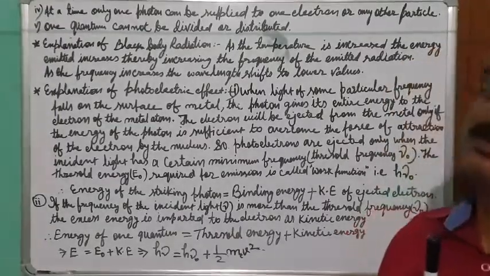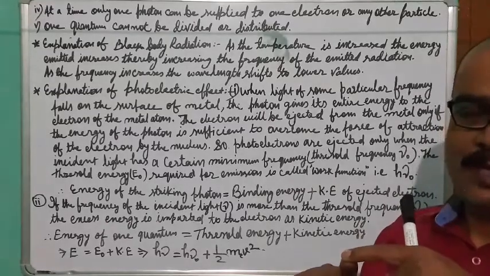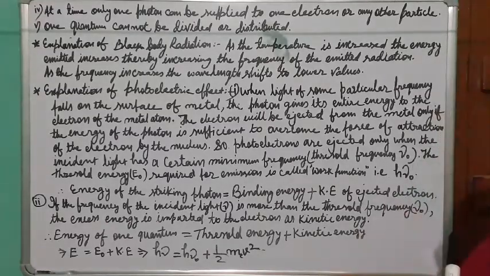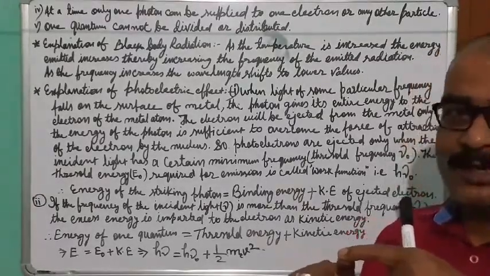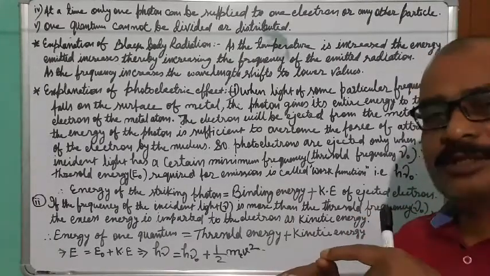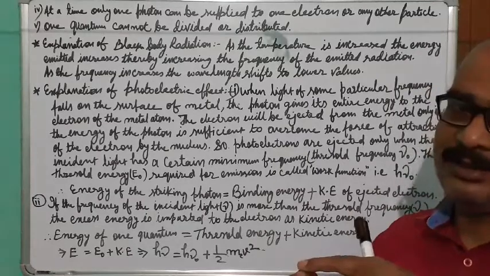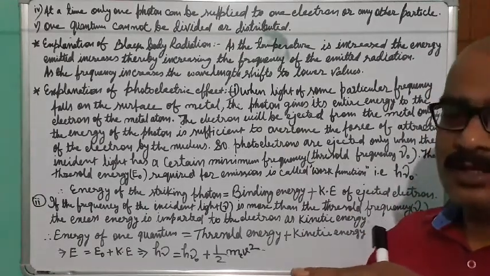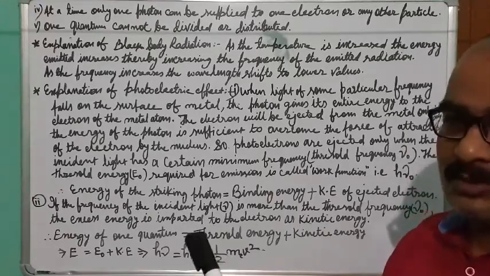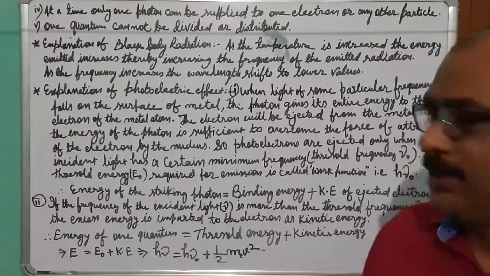Once we supply the binding energy, the electron will come to the surface of the metal and it will remain at the surface. Then we need energy to make it move from one part to another. If we supply extra energy, it will get kinetic energy and start leaving the metal surface, moving towards the positive terminal, and via the positive terminal it will move into the circuit.